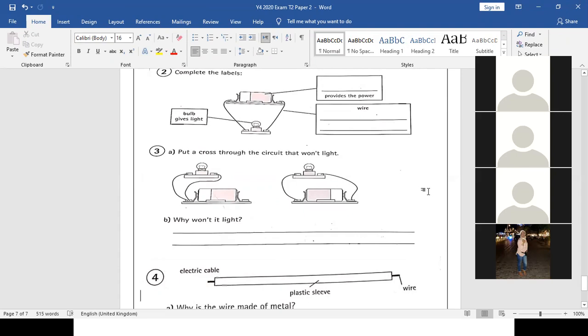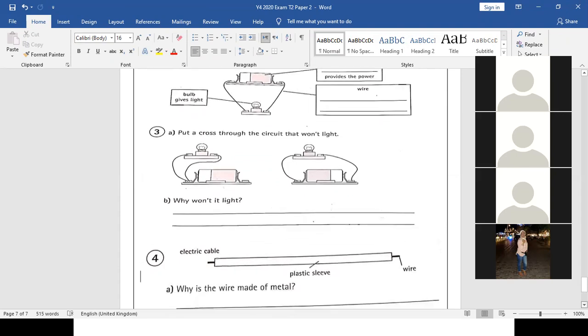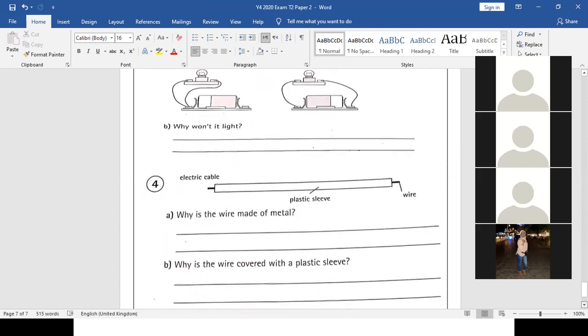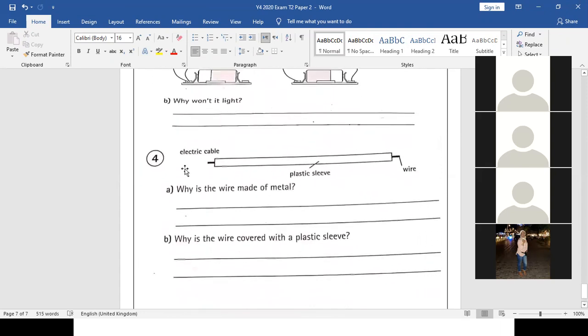Lina. We have here an electric cable and it's covered with a plastic sleeve. First of all, the wire that is found inside this plastic sleeve, why is it made of metal? Because the electricity can go through it. Because the electricity will pass through it. Why?